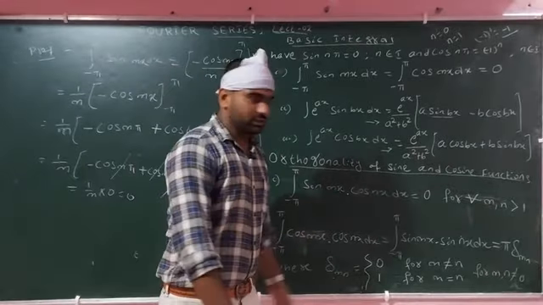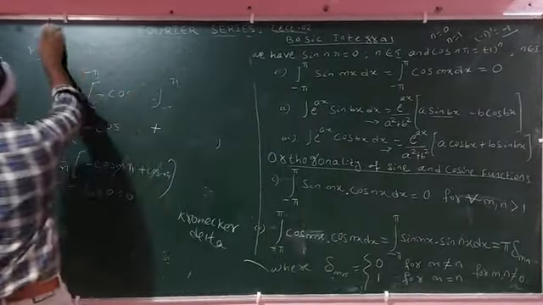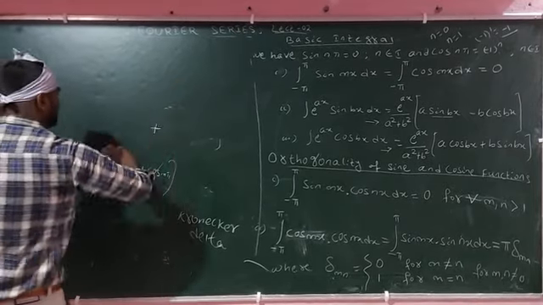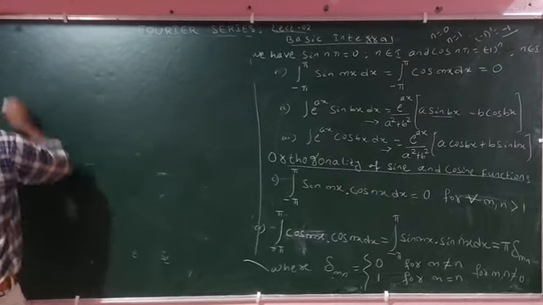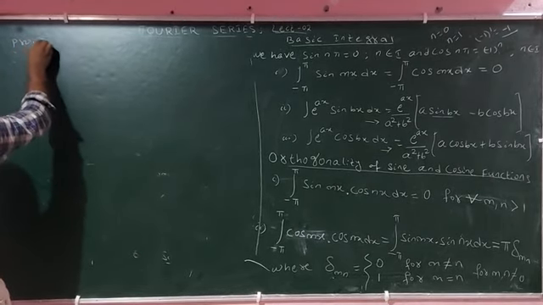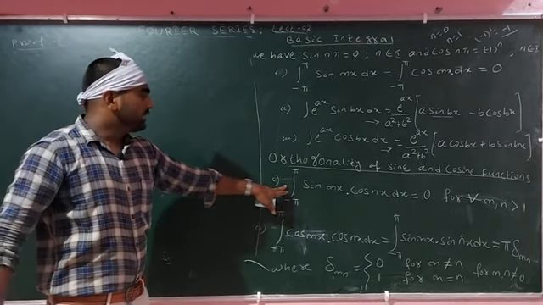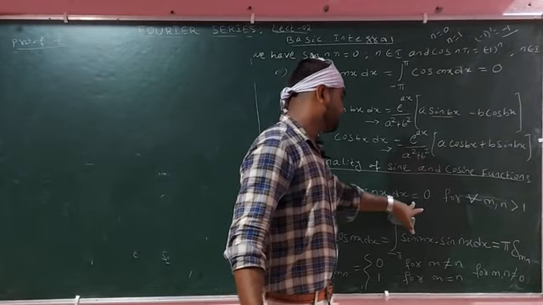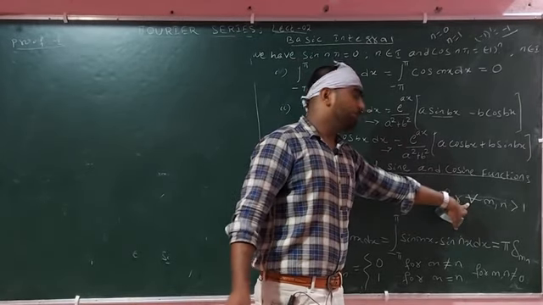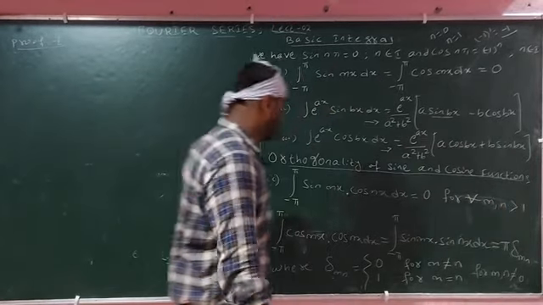We can prove the orthogonality condition of the sine and cosine functions. Let us now prove orthogonality, proof of 1. Let us prove that the integration from minus pi to pi of sin mx cos nx dx equals 0 for all m, n greater than 1.